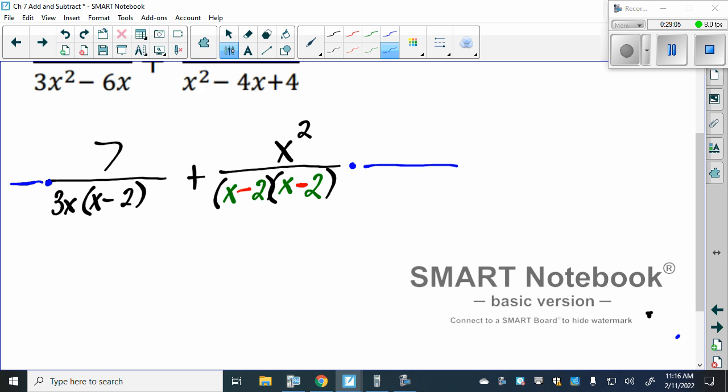So the left one is missing an x minus 2 because the right one has 2 of them. So the left one, I need to multiply top and bottom by x minus 2 over x minus 2.